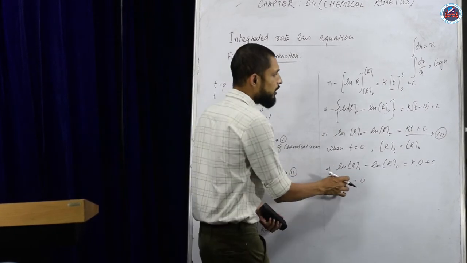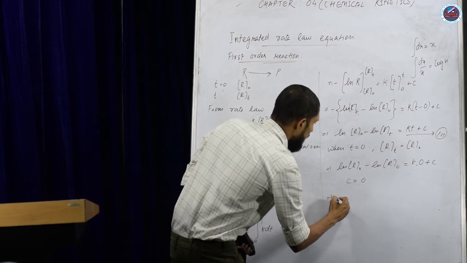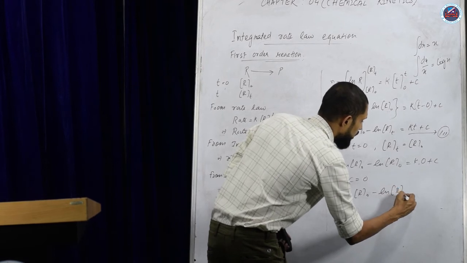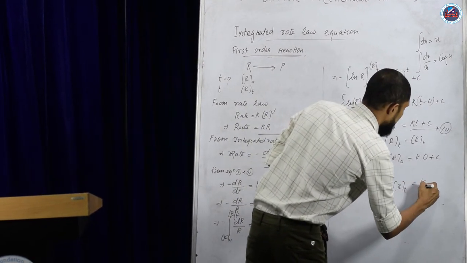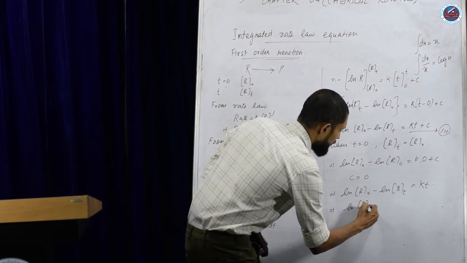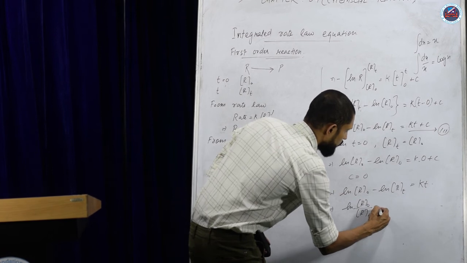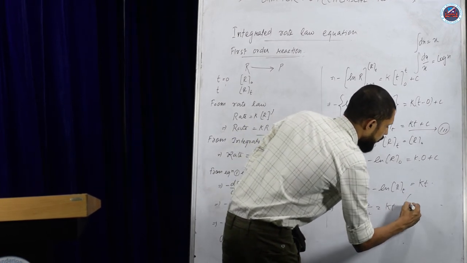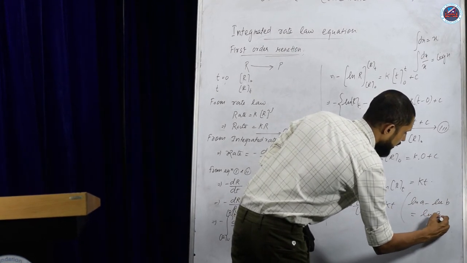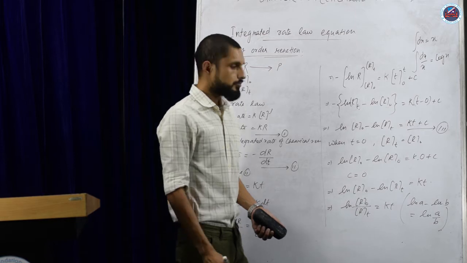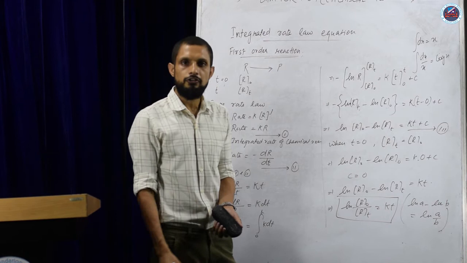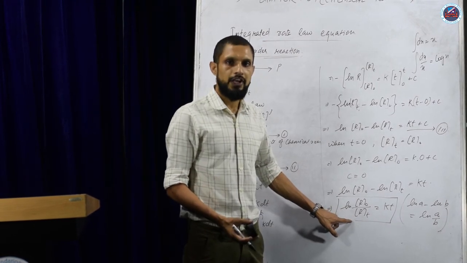Substituting c equal to 0 in equation 3, we get ln of R0 minus ln of Rt is equal to K t. Or we can write ln of R0 by Rt is equal to K t, because we know the formula ln of a minus ln of b is equal to ln of a by b. So this is the integrated rate equation for first order reaction.